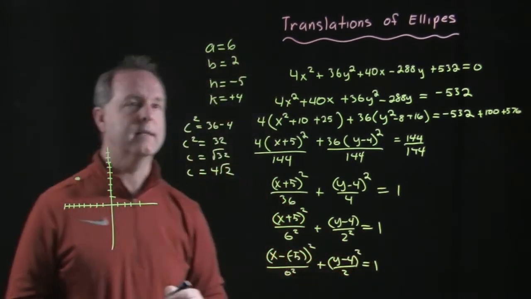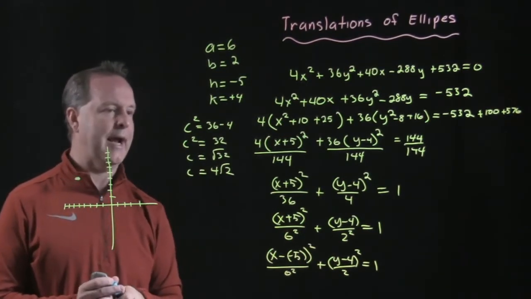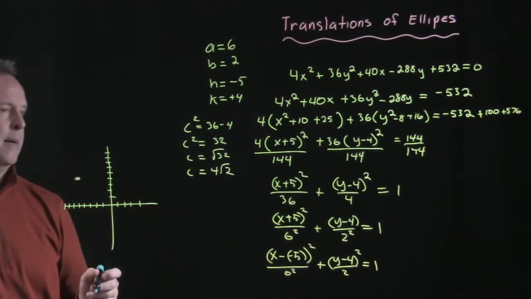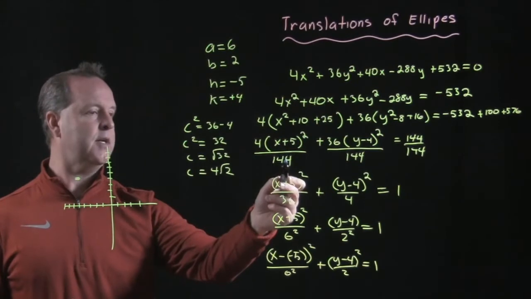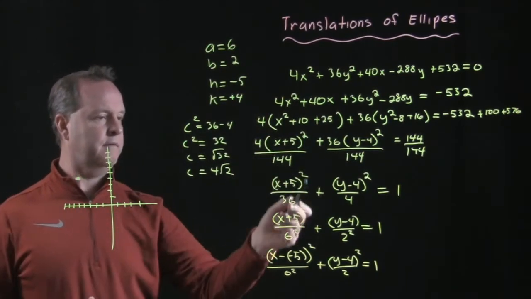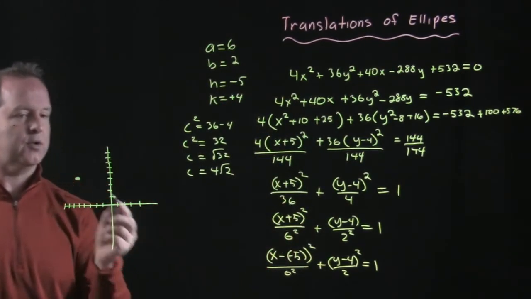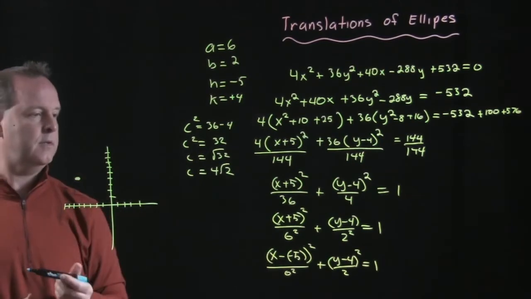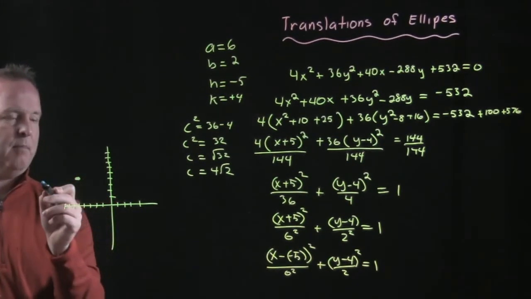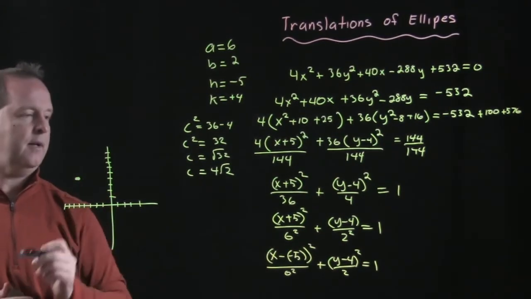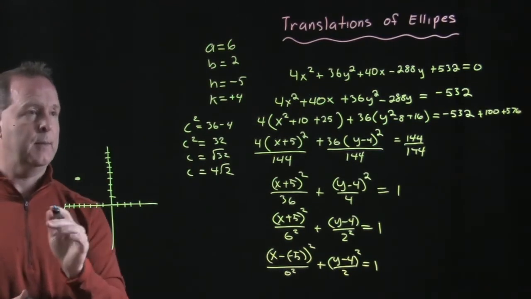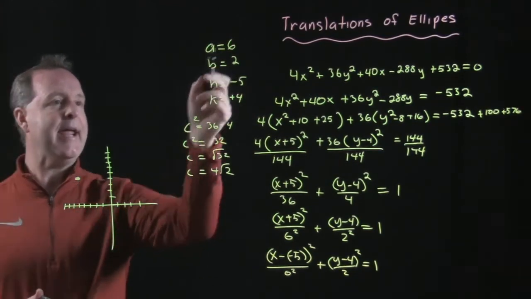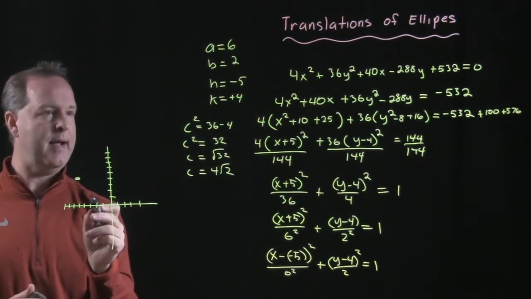My vertices are, I know that my major axis, my larger number, is underneath the x value right here at 36. So I know that it's a horizontal ellipse. So my major axis will be parallel to the x-axis. And so I have an a that's 6 units out from that.